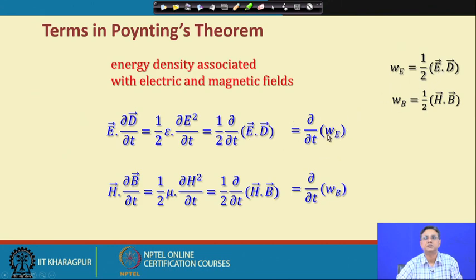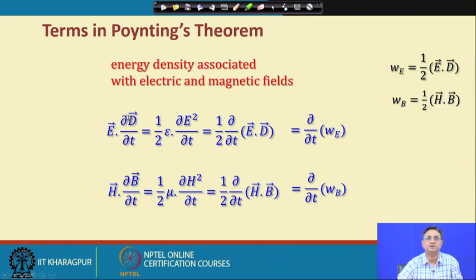So, it gives you this quantity, and in the same way, for H dot del B del T we can write half mu into del del T of H square, which is equal to half of del del T of H dot B, and in turn this gives you del del T of W B, which is the energy density associated with the magnetic field.